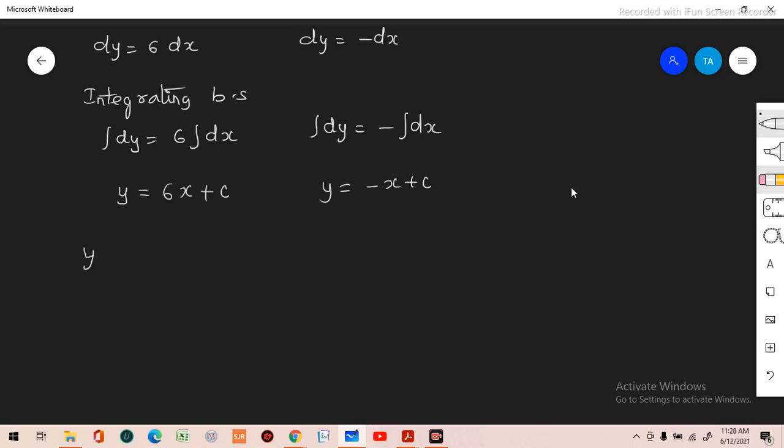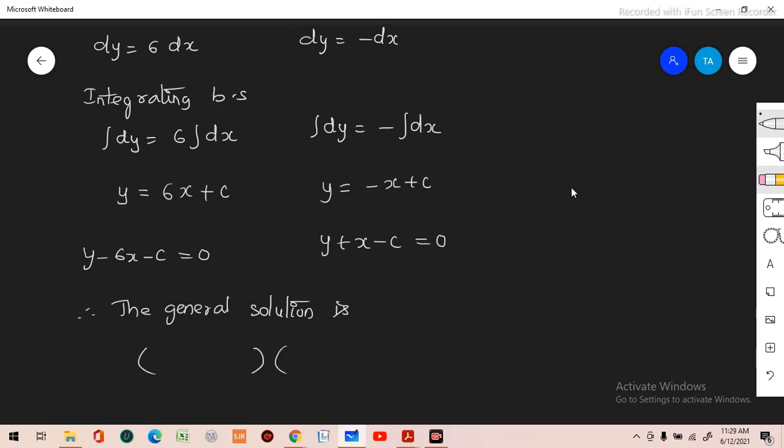Now I can write like this also. Can I write like this? Yes, sir. So the solutions that have come should be written as a product. That will be your general solution for the equation solvable for p. So therefore the general solution is, do you remember the general form?